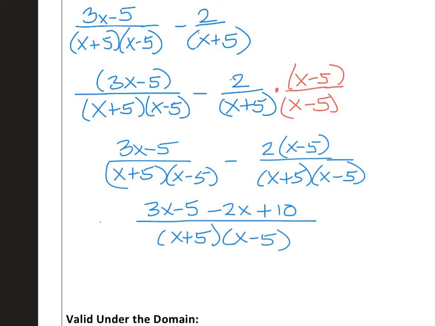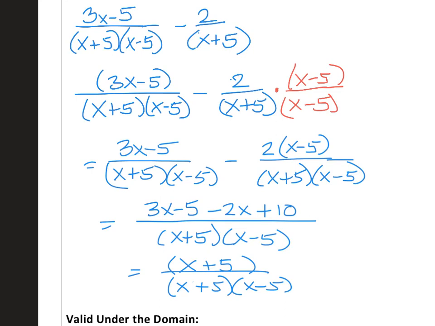And so now we're just going to combine like terms. We've got 3x minus 2x. That reduces to 1x. Negative 5 plus 10 is a positive 5. And we have x plus 5 over x plus 5 times x minus 5.